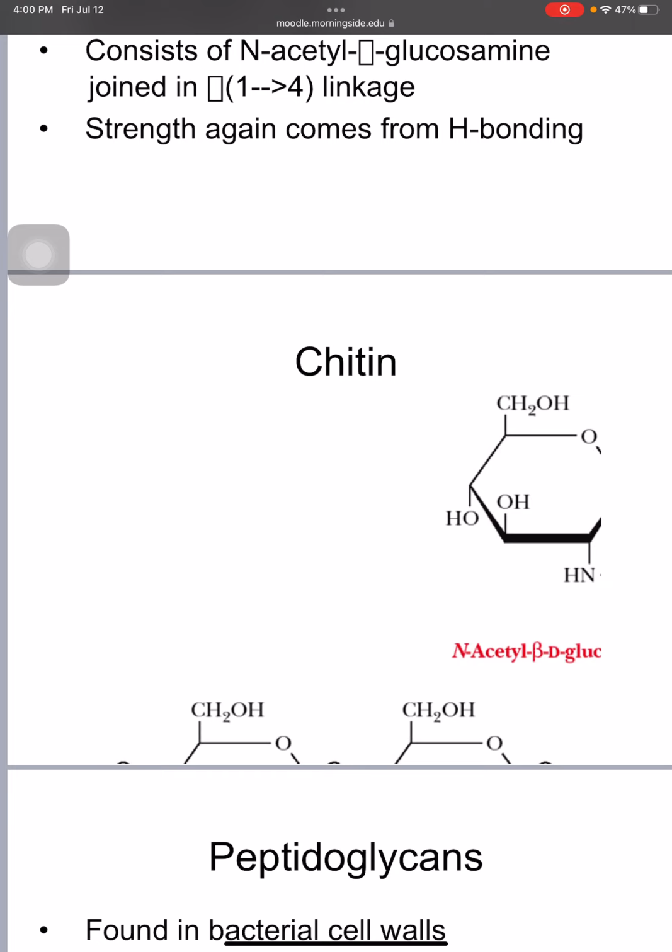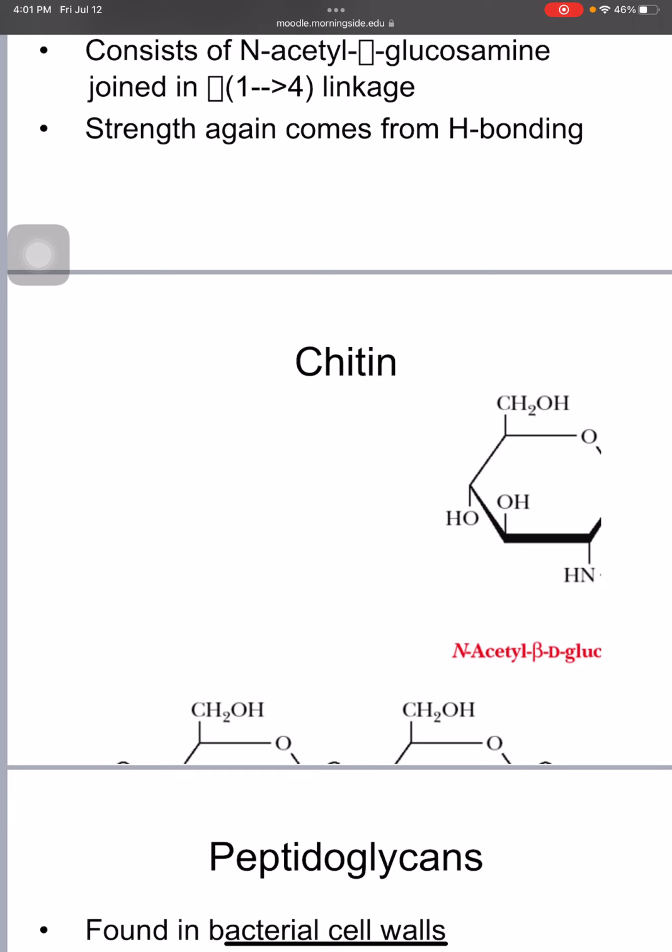These exoskeletons are designed to protect. They're very durable and hard to break. They offer the creature protection against the elements, its surroundings, predators, etc. If you've ever eaten lobster or crab, you have to get the mallet and crack it. They have a lot of structural integrity. That's because this one has really optimized hydrogen bonding.